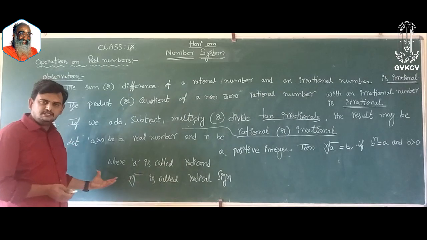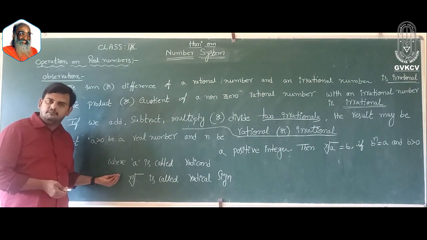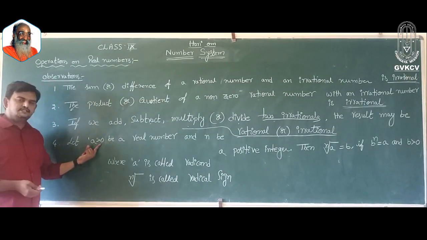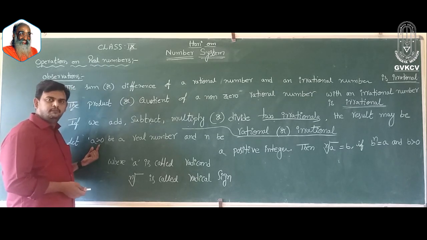Now here, the last one we have is the definition of nth root. Let a be greater than 0. A greater than 0, it must be a positive number.